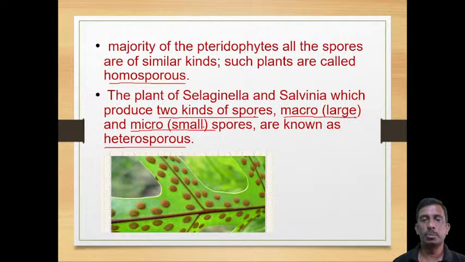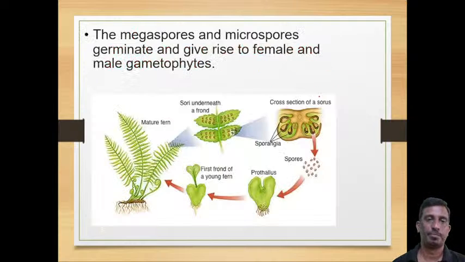Examples are Selaginella and Salvinia. Megaspores on germination give rise to the female, and microspores on germination give rise to the male gametophyte.